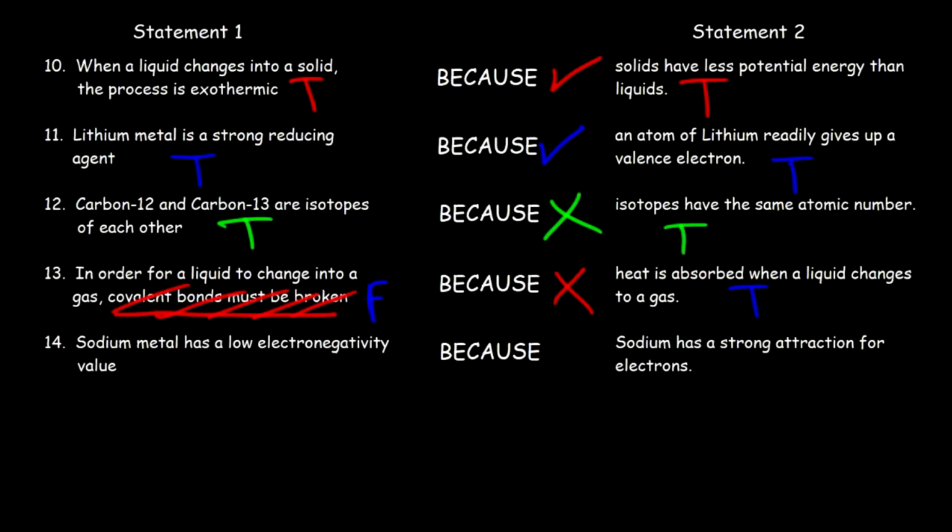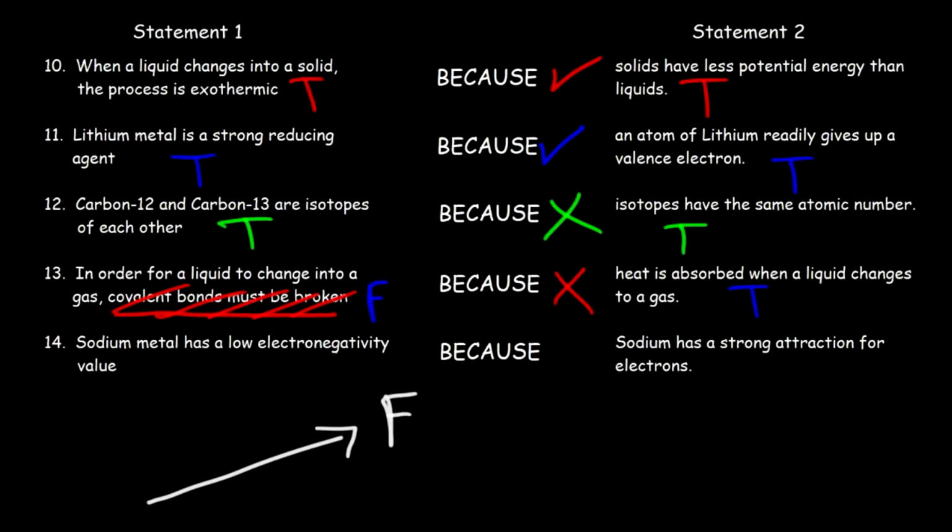Now, what about number 14? Sodium metal has a low electronegativity value. Is that true or is that false? Now, recall the trend for electronegativity. It increases as you go up and to the right. So it increases towards fluorine.